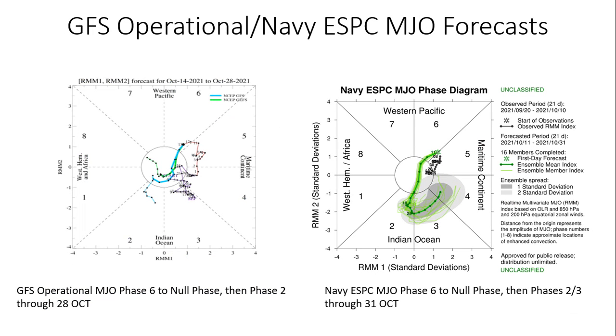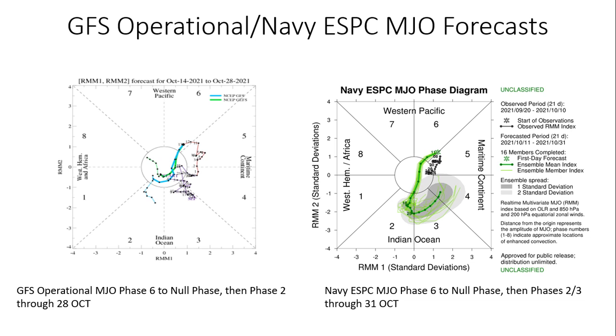If we look at the GFS operational model on the left, also going out through the 28th of October, 2021, generally GFS operational has the MJO in Phase 6. You're looking at that blue line for the NCEP GFS model in the prediction of MJO, by the way. So we're heading again towards that inner center small circle, which indicates a null phase, no impacts to United States weather.